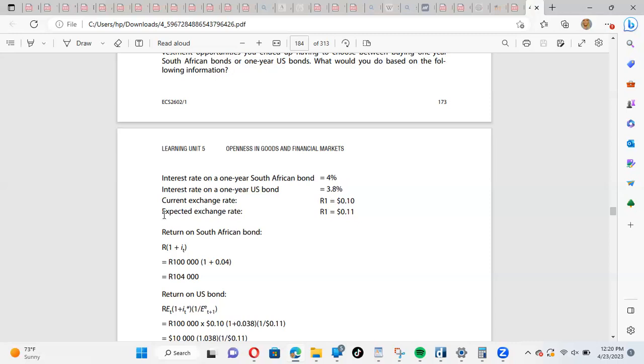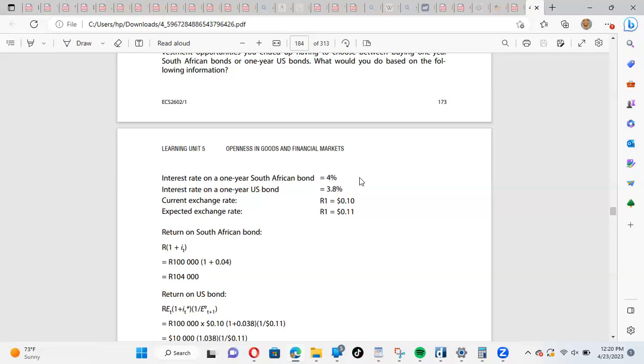So if the current exchange rate is 1 rand to 0.1 US dollars, and we expect it to go up to 0.11, this is going to be an appreciation in the rand, which means the rand is going to gain in value. This is clear: because the rand is going to gain in value, you can simply go for the rand.